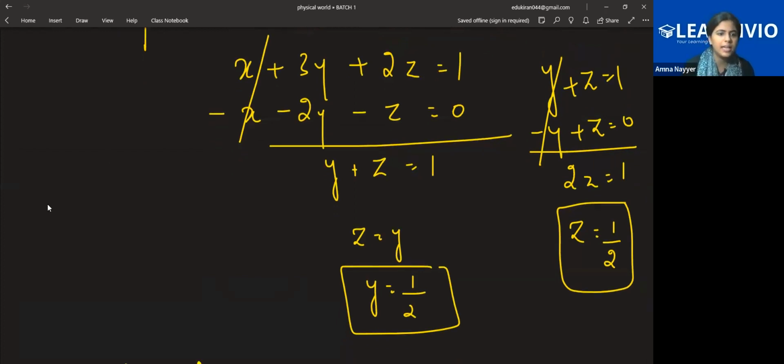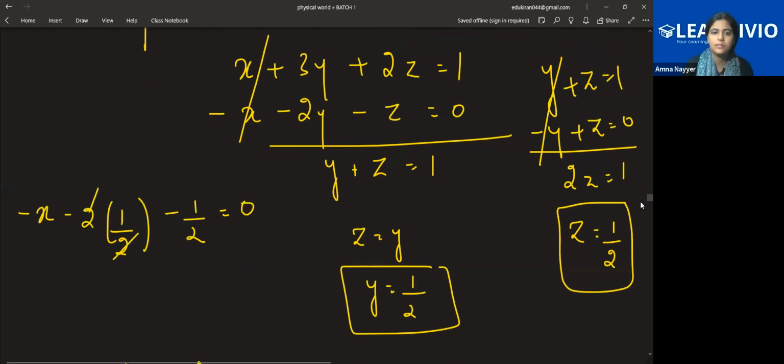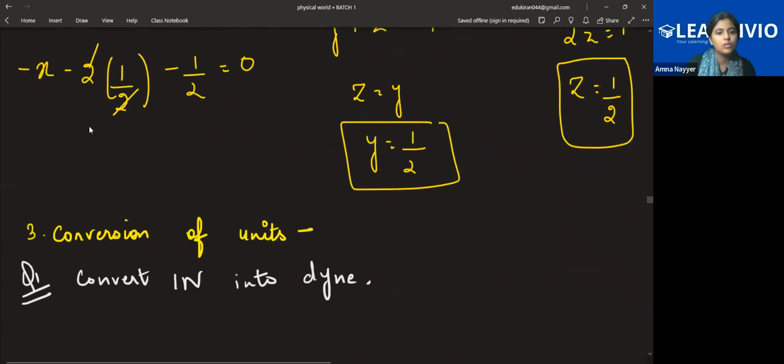See, this is minus x minus 2, instead of y, now I can write half, right? In this equation, I'm substituting. And minus half is equal to 0. The 2 would be cancelled. So this would be minus x minus 2 minus, so 4 minus 1, 3, minus 3 by 2 is equal to 0. x is equal to minus 3 by 2.